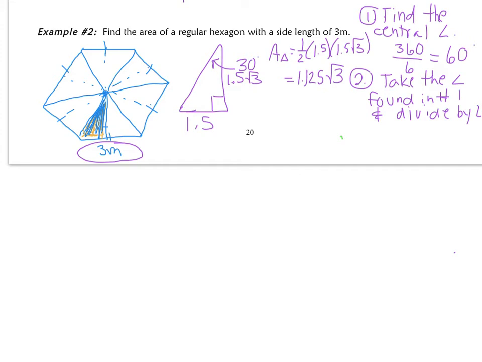So I'm going to take this area and multiply it by 12. So 12 times 1.125 square root of 3. And it gives me the area of my regular polygon, which is about 23.23 meters squared. And I should have given the exact answer first. Sorry, it's 13.5 square roots of 3, because I would do 12 times 1.125 and then bring along that square root of 3.